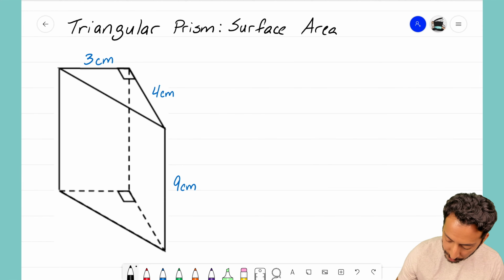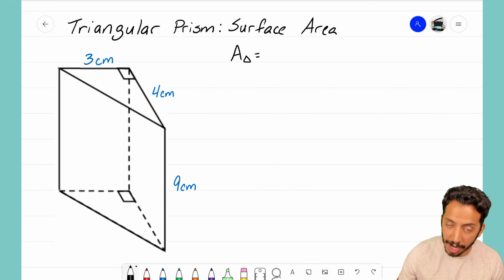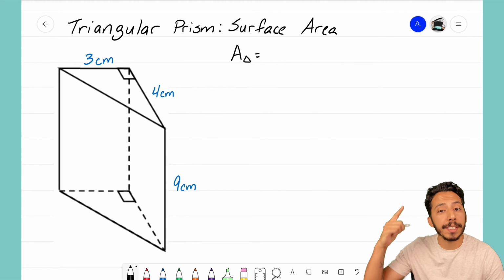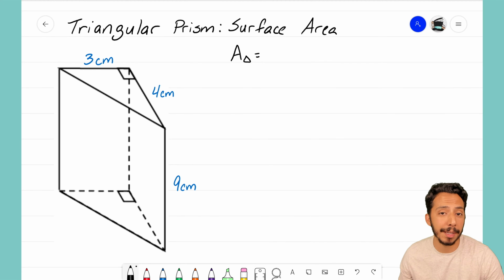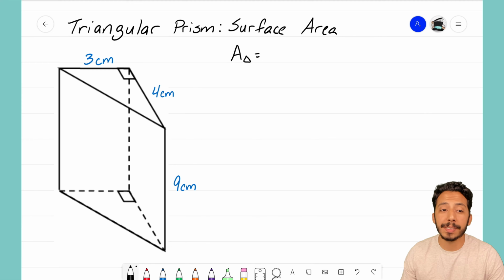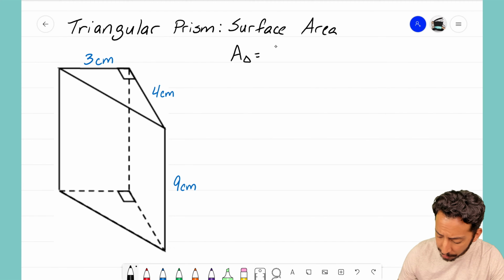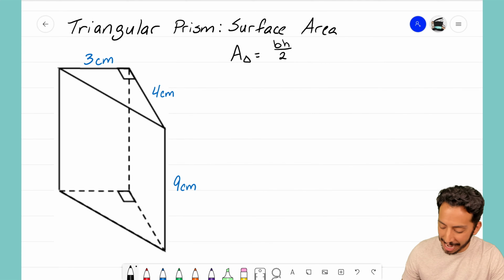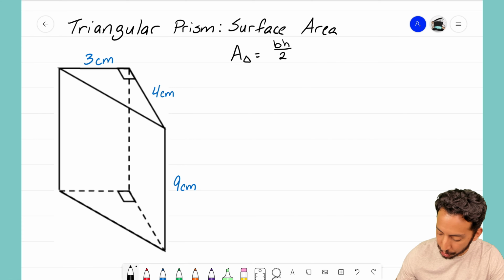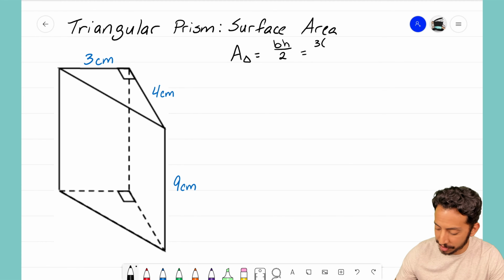Let's first start off with finding the area of the triangles. Remember that the triangle on the top and the bottom are the same. It is a prism, and prisms have the same base shape on the top and the bottom. So I really just have to find the area of one of those triangles. The area formula for a triangle is base times height divided by 2. I see that the base of this triangle is 3 centimeters times the height of that triangle, which is 4 centimeters, all divided by 2.